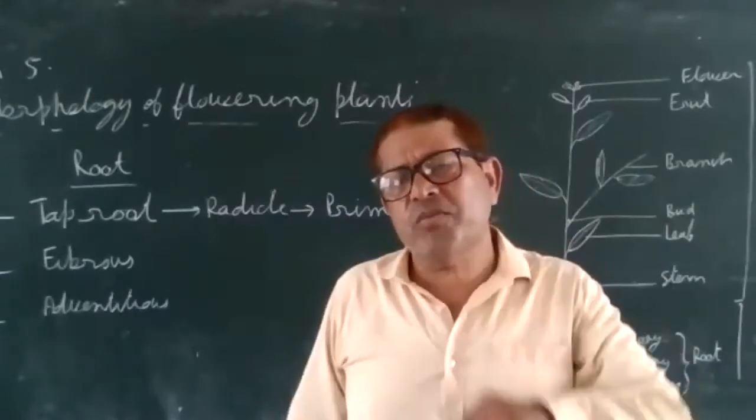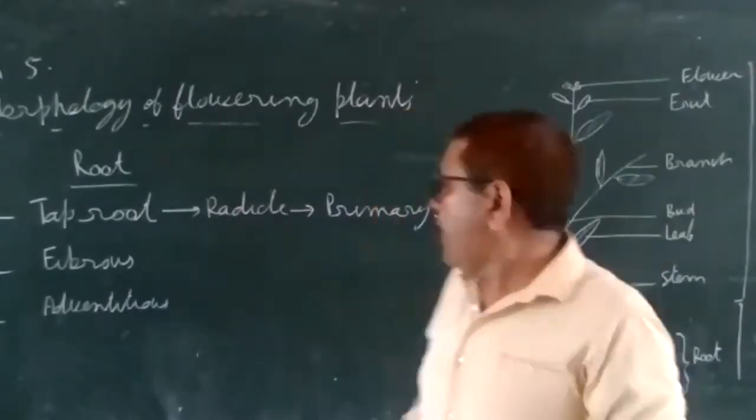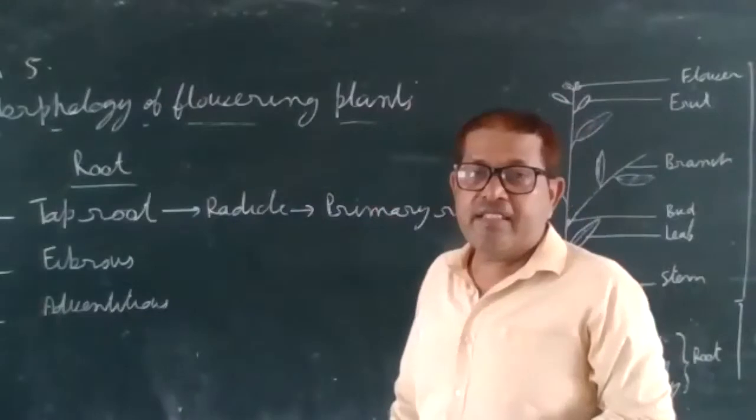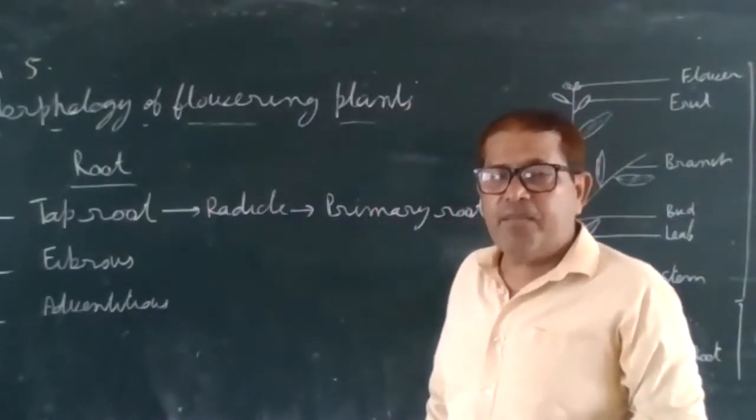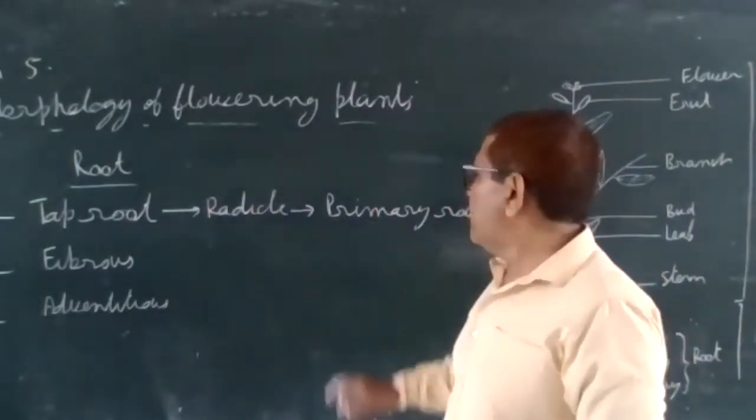A white colored structure comes out. That structure develops into the primary root.